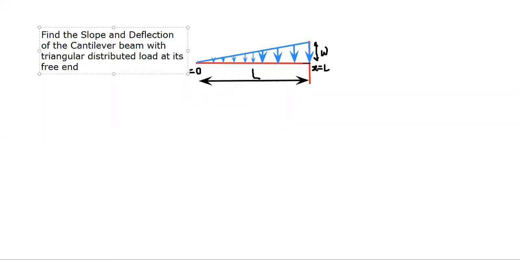The question says that we have to calculate the slope and deflection at the free end, that is at x equal to 0.